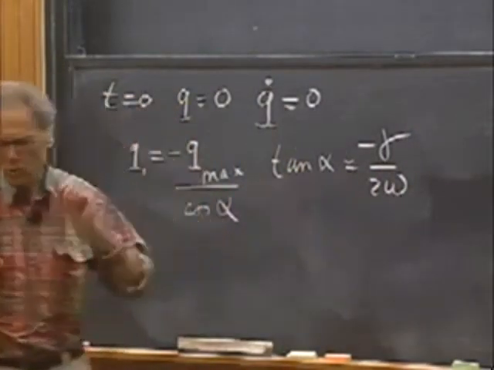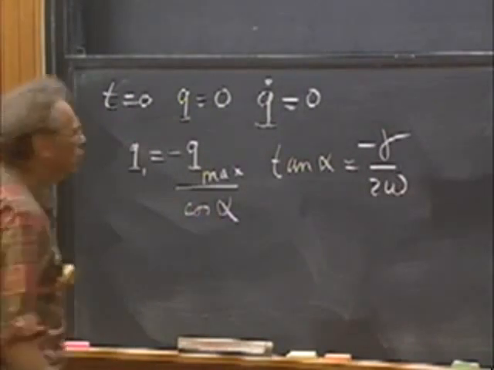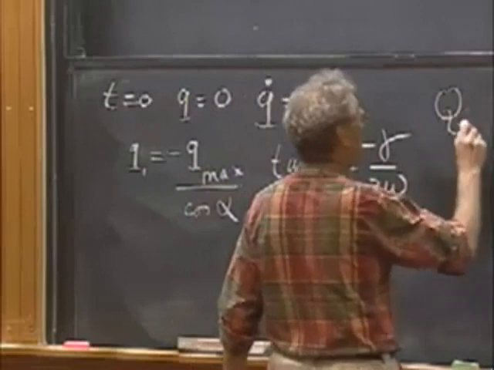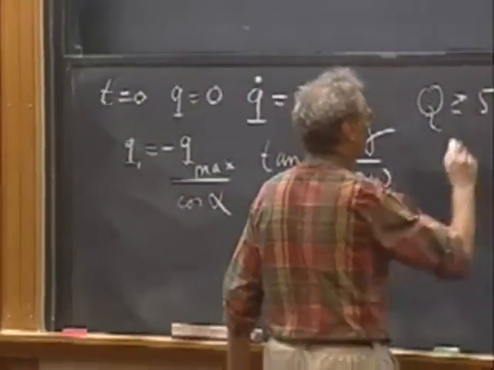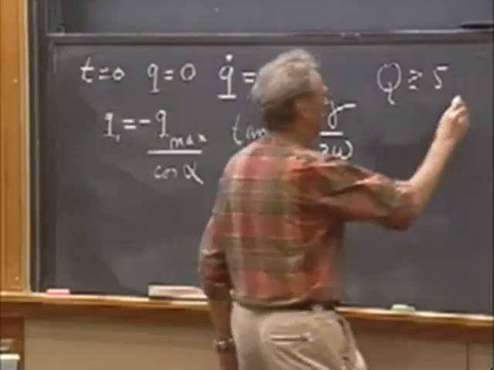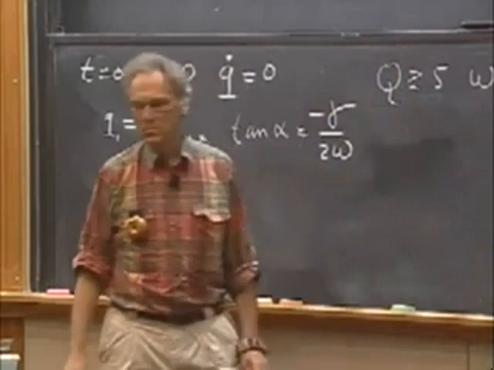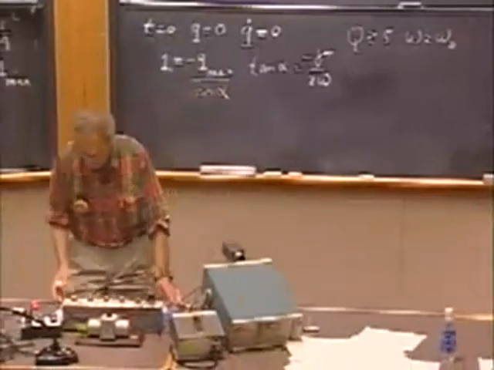I don't have a very good feeling for these numbers, but what I do have a good feeling for is that I know when Q, say, is larger or equal to 5, then I know that omega is very close to omega 0. Extremely close.